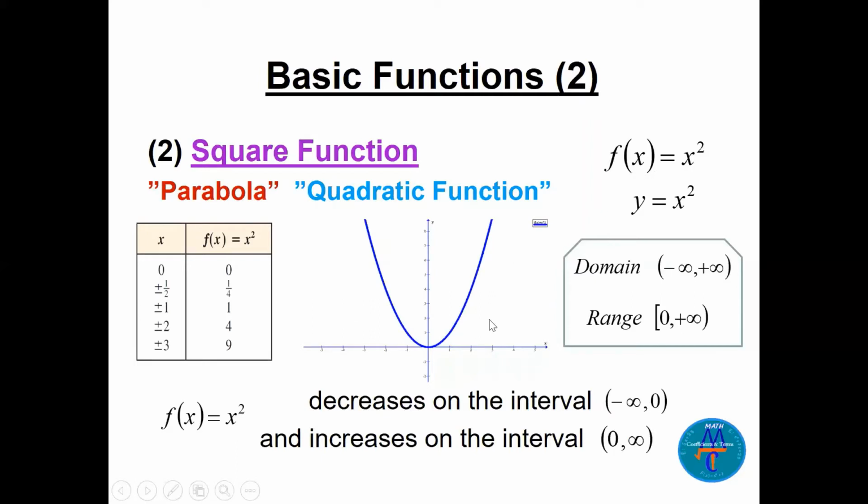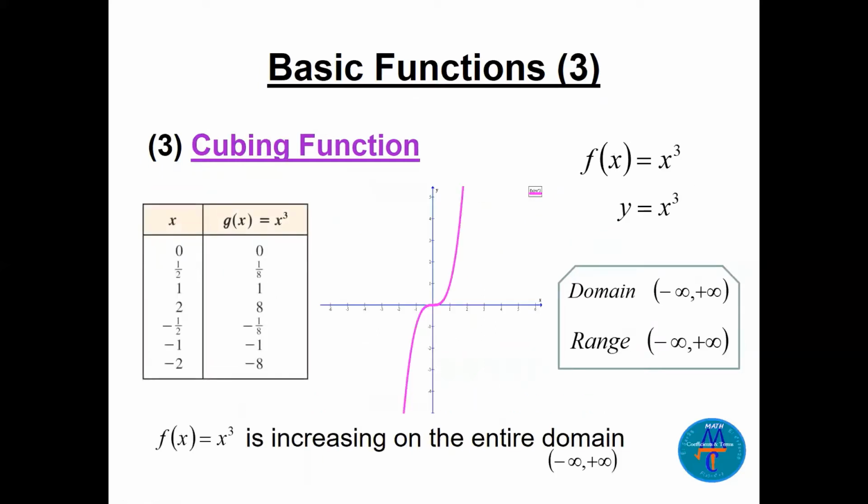The domain is all real numbers and the range is the positive values including 0, from 0 to infinity. We can see it decreasing from minus infinity to 0, and increasing from 0 to infinity. So there are 2 parts here.